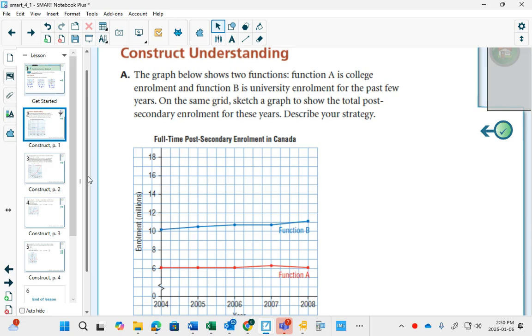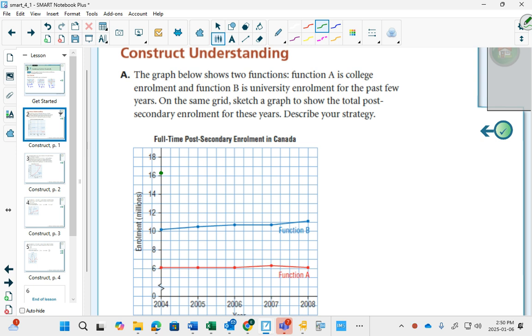And someone says, I would like a graph that shows the total of everybody enrolled in post-secondary. So in 2004, does it make sense that if 6 million were in college and just over 10 million in university, that in 2004, combined, you had just over 16 million in both of them?